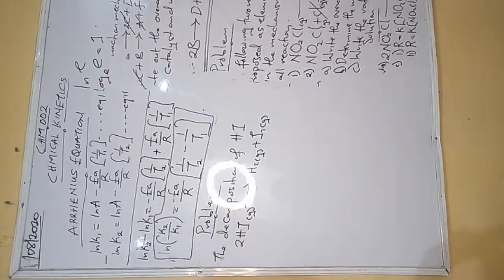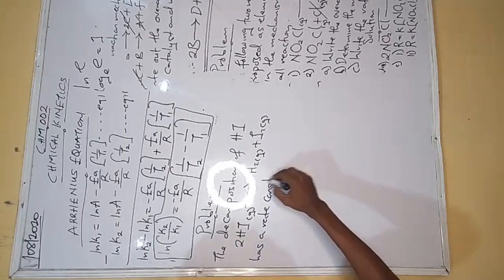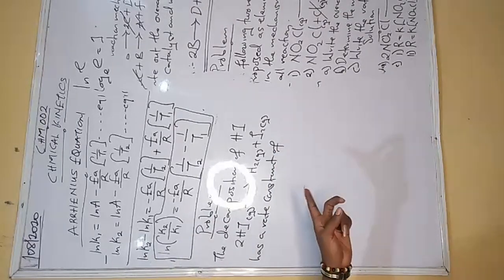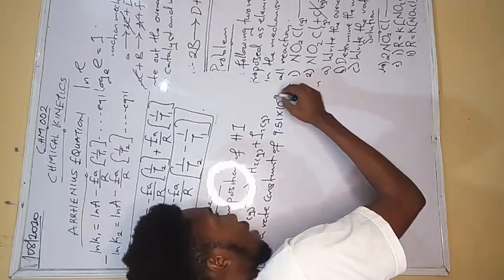They give you the reaction like this. It has a rate constant of 9.51 times 10 to the power minus 9.